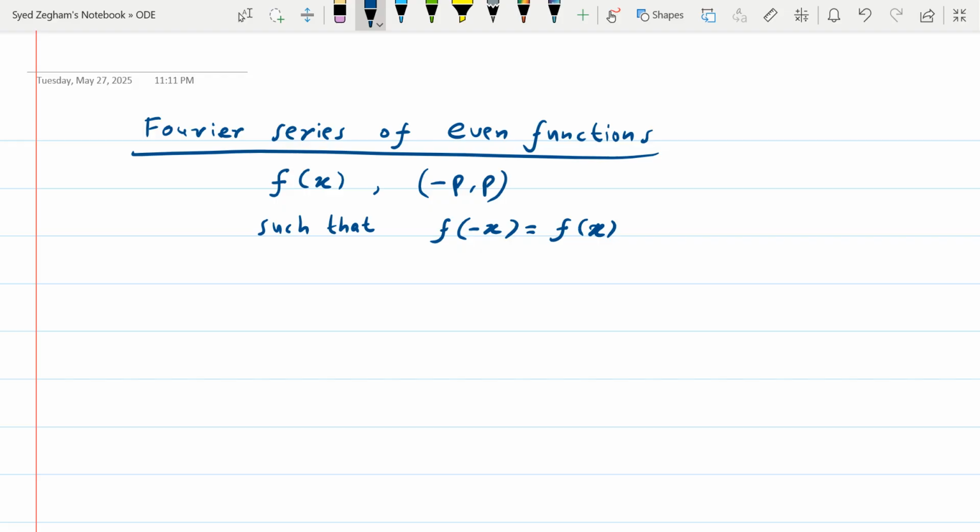One more thing which will be important for us is that for even functions, when you are finding the Fourier series, bn will become 0. So no need to calculate bn. You can directly write that bn is equal to 0. You need to calculate only a naught and an. This is our preliminary discussion.